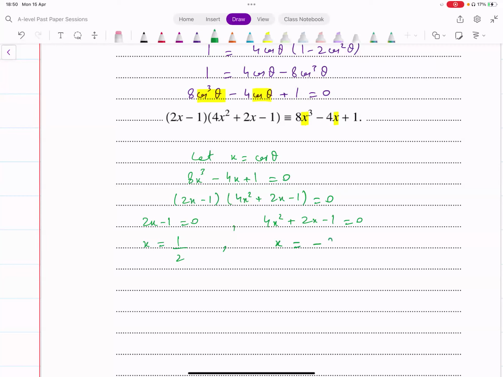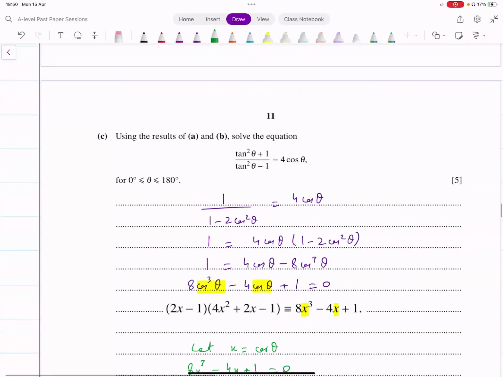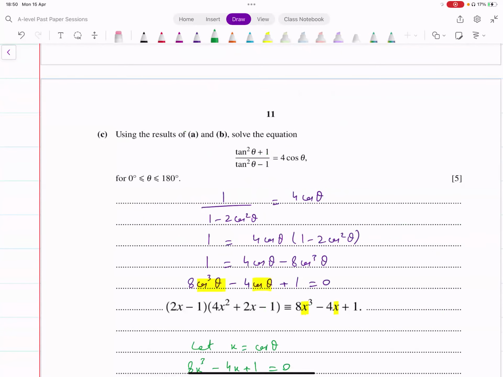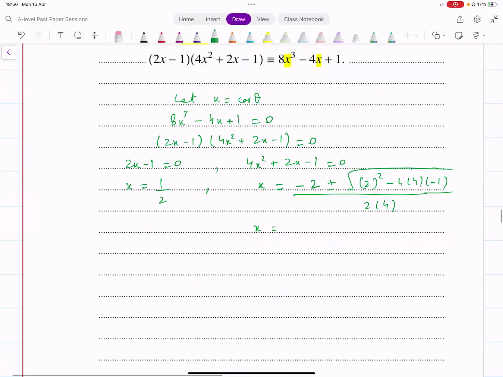x equals minus 2 plus or minus the square root of b squared, that's 2 squared minus 4 into minus 1, whole divided by 2 into 4. Writing down this step is necessary, especially in paper 1.